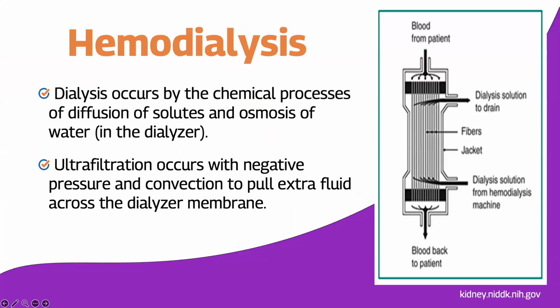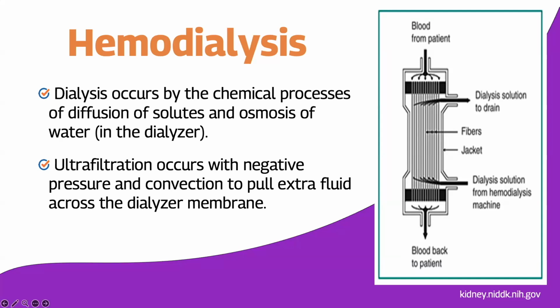So with hemodialysis, the processes of diffusion, osmosis, and ultrafiltration are going to occur in the dialyzer. Diffusion selectively allows particles to pass through the semipermeable membrane of the hollow fiber dialyzer, depending on pore size. Blood cells and proteins, however, are too big to pass through.